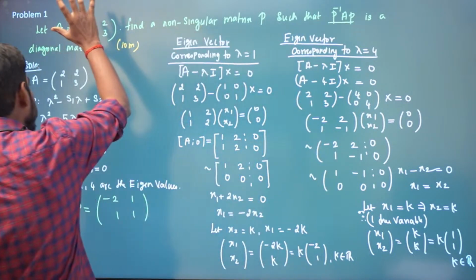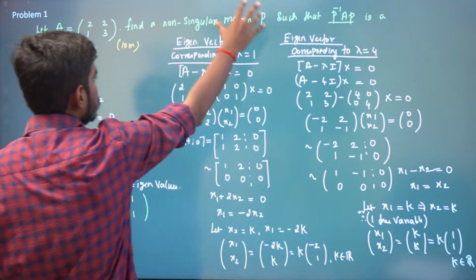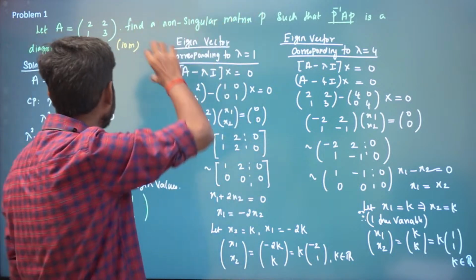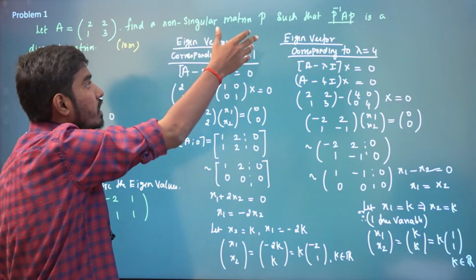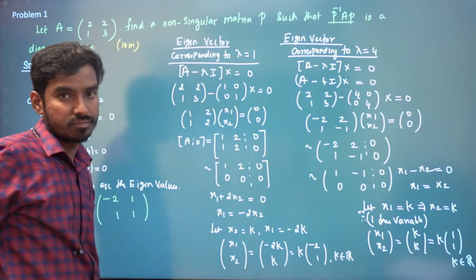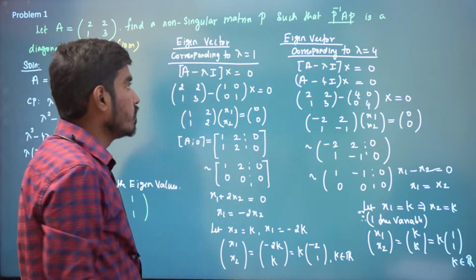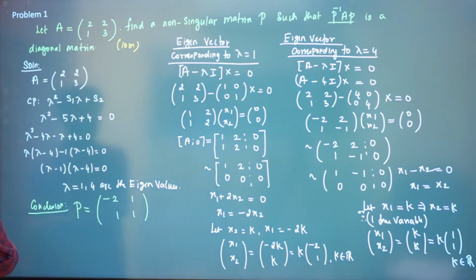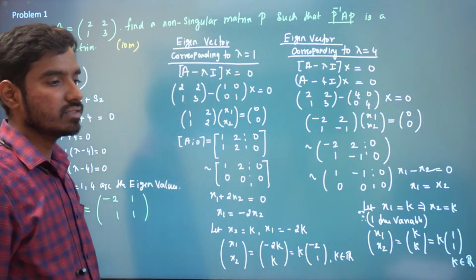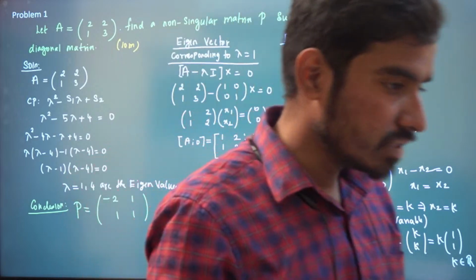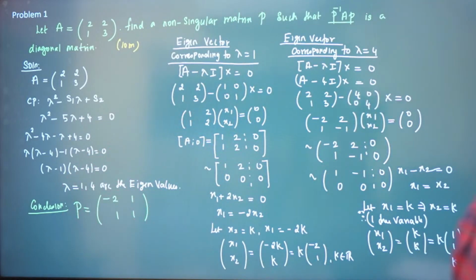If this matrix is diagonalizable, you can find a non-singular matrix P. If this matrix is not diagonalizable, you cannot find a non-singular matrix P. That is all theory. Here this matrix is diagonalizable. You can see distinct eigenvalues. If you have distinct eigenvalues, that matrix is always diagonalizable.